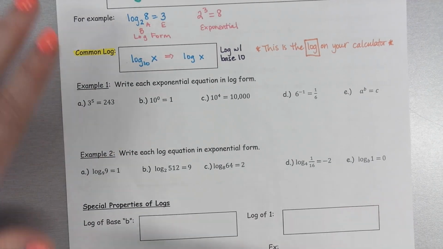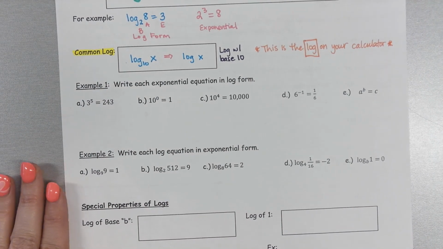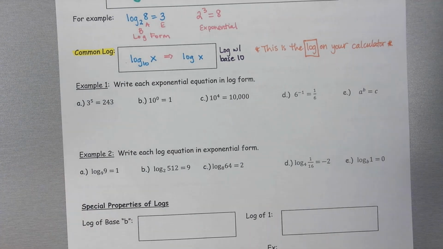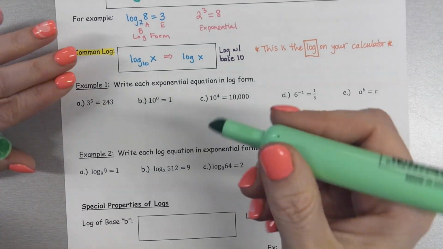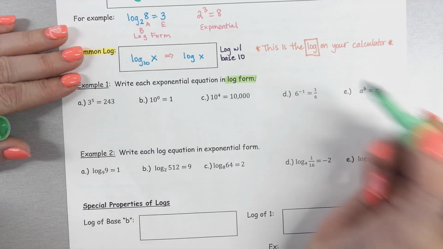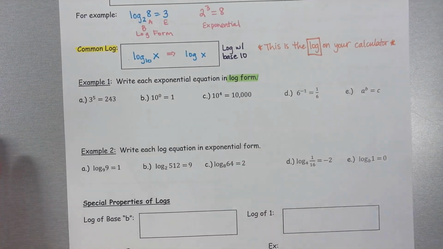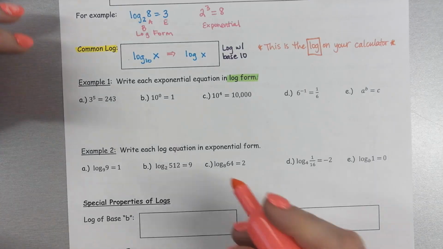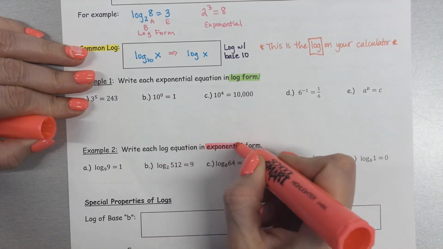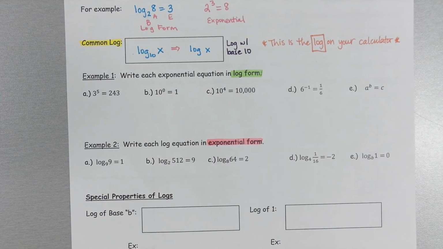In our first example, we are going to write each exponential equation in log form. And then in example 2, we're going to go in reverse. We're going to take the log and write it in exponential form.